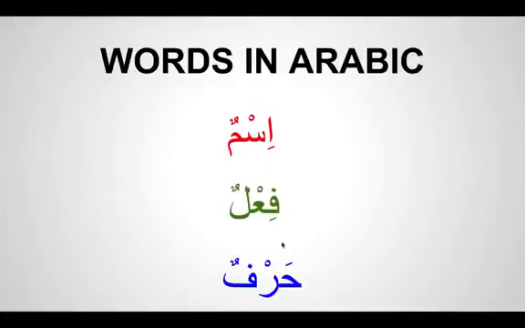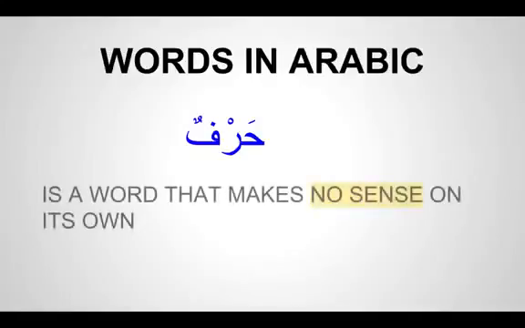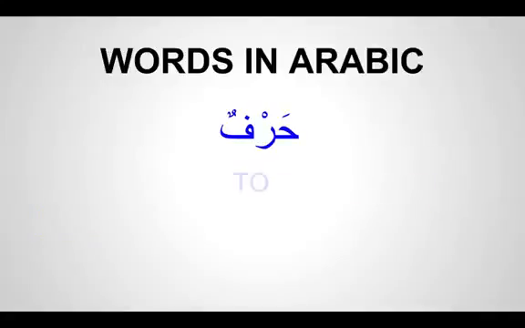We will begin, inshallah, with the easiest word to remember, and that is harf. So what is a harf? Harf is a word that makes no sense on its own. There has to be another word to come after it to make some sense. Let me give you an example. If I just say "to," it doesn't make any sense.